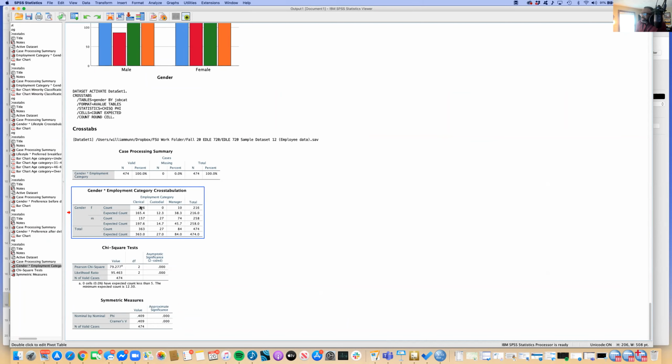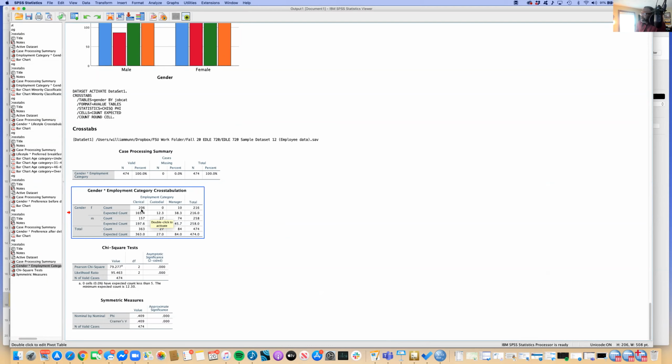Another way to determine that this is the case is taking a look at our observed count and our expected count. Again, expected count is a count that we would expect if there were no relationship between gender and employment category, right?